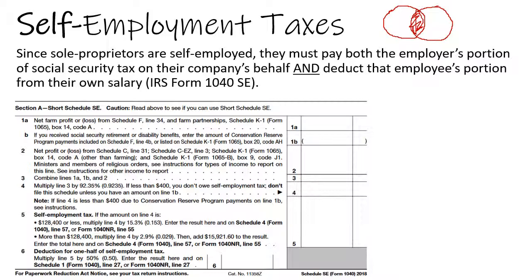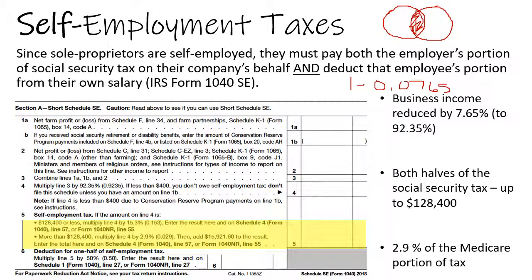So, in computing the self-employment tax, you have to adjust that total salary or the total pass-through amount by 1 minus 0.0765, or multiply the total business income by 92.35%.